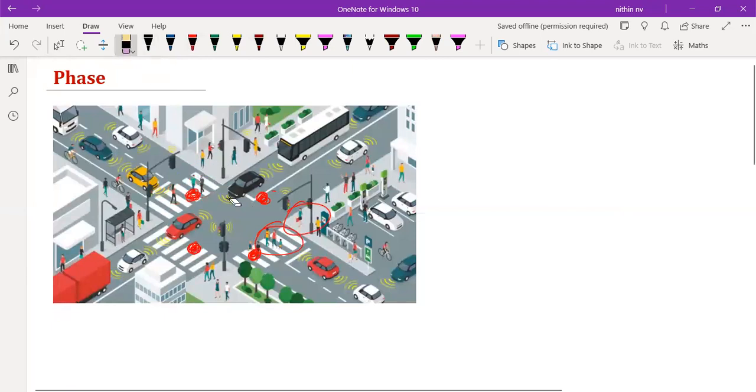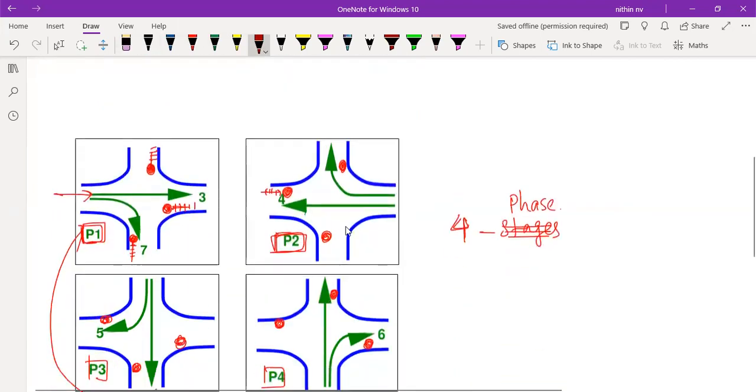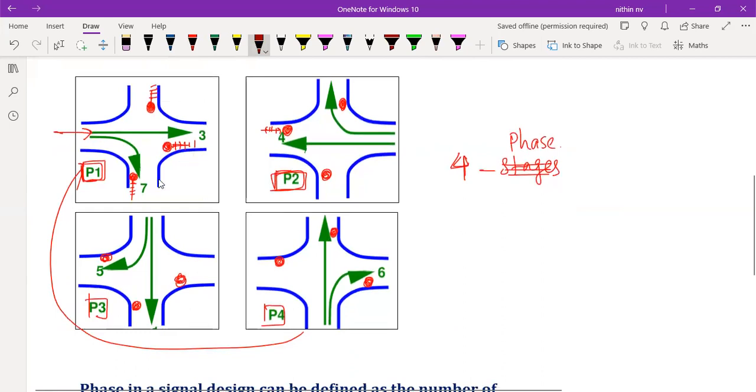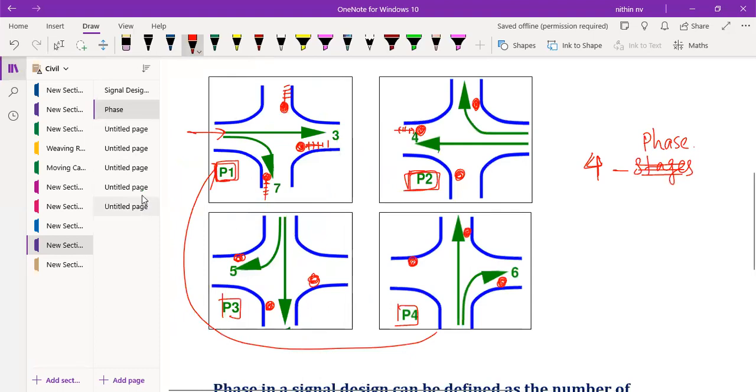So for pedestrian crossing, sometimes we give the red signal to all the lanes. Suppose in the normal case, only 3 roads are having red, and 1 road is having a green signal. In all the phases, at least 1 road is getting a green signal, and only the other lanes are getting red. What we are telling now is all are getting red signal, which means no one can move. Such a situation is called all red time.